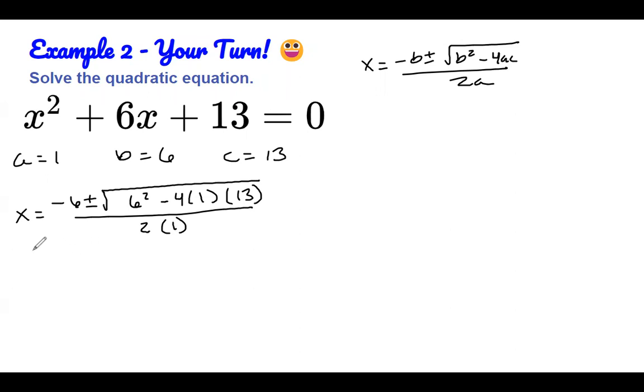All right, how do I simplify? Test, help me simplify. 36 minus 52 over 2. All right, how do I continue to simplify here? Let's see, Jose.